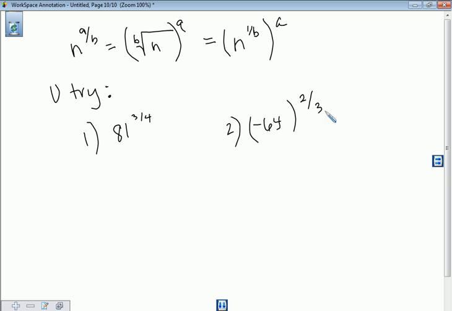There's no cube. There's a 4. Okay, so you're going to simplify without a calculator.